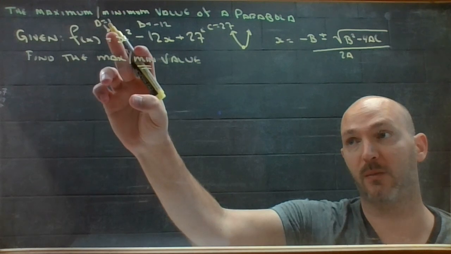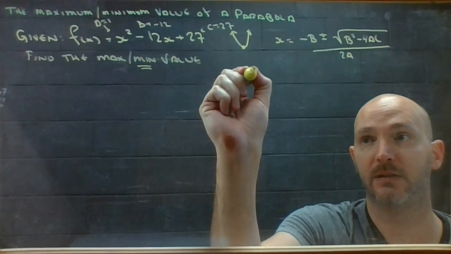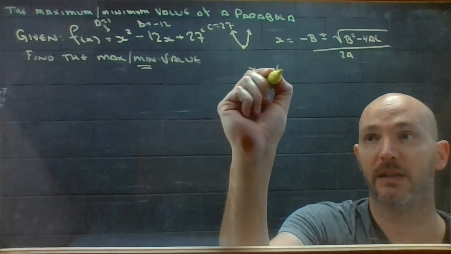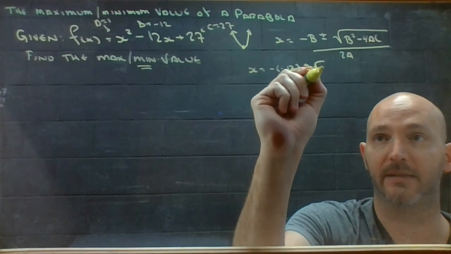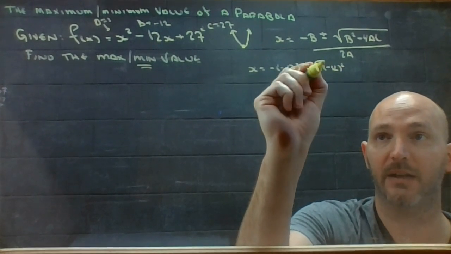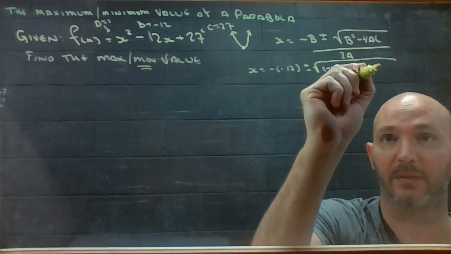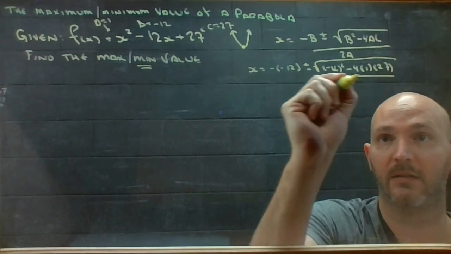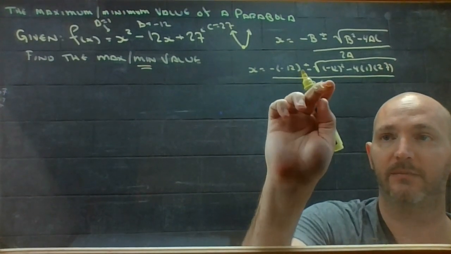So I'm going to put 1, negative 12, and 27 into my quadratic formula. Negative 12 plus or minus the square root of negative 12 squared minus 4 times 1 times 27, all over 2 times 1.